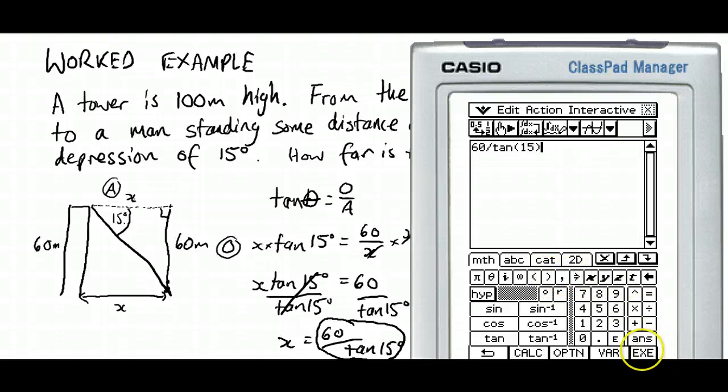Close the bracket and press enter, and we get 223.92. Because the 60 was in meters, this result will have to be in meters as well. So 223.92 meters.